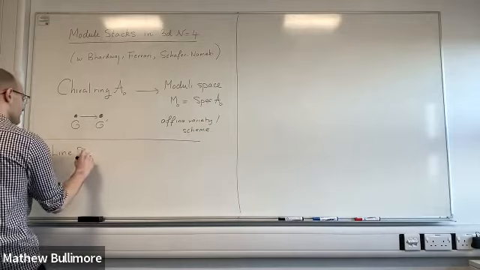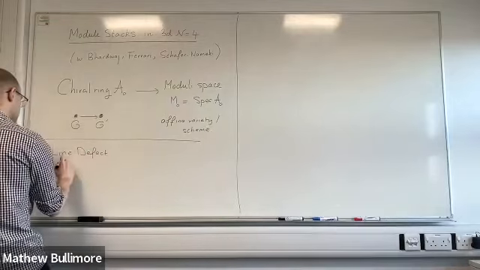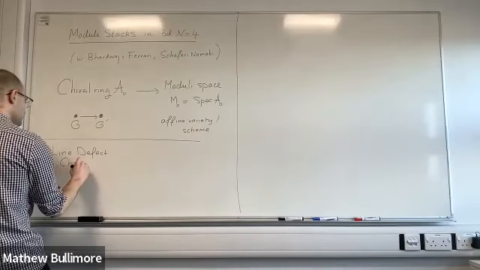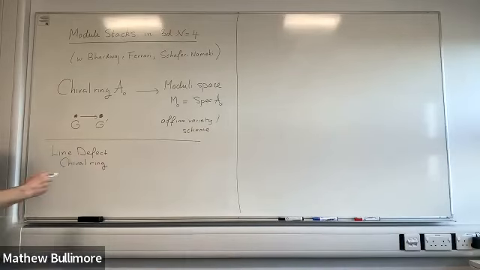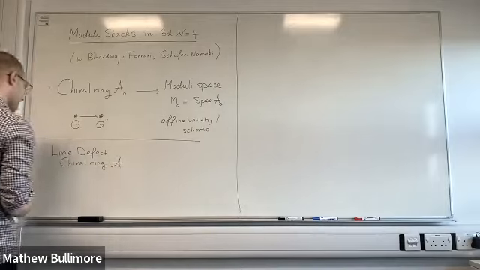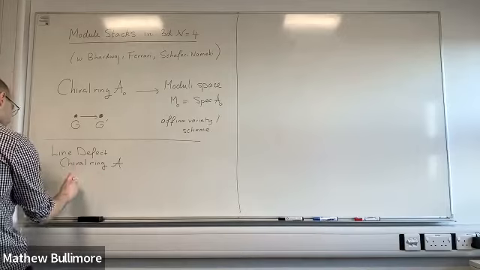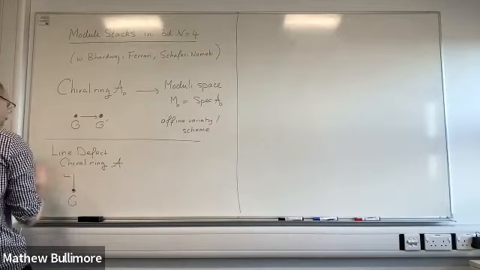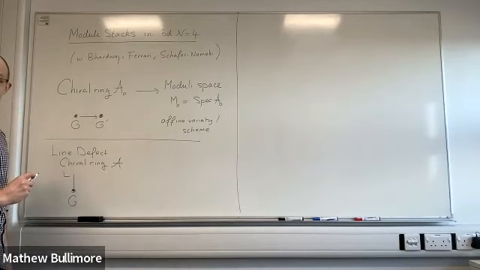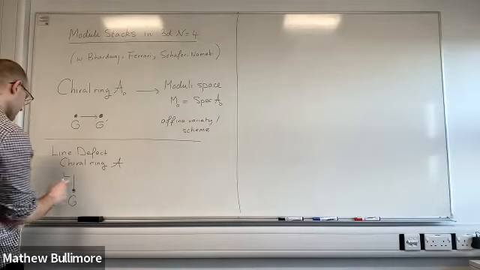So there's going to be a kind of line defect ring, or line defect chiral ring, that I'll call curly A. And what is that capturing? Well, it's not just capturing local operators now, O, but it's capturing local operators that can sit at the end of line defects. So these might be Wilson lines, for example. In fact, there will be Wilson lines throughout the whole of my talk.